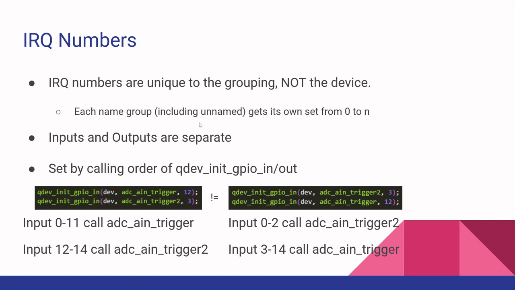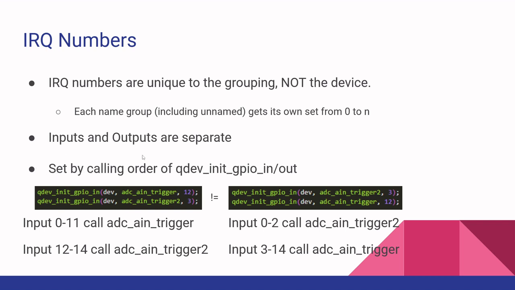And then you have another group, just unnamed, that'll have 4 pins, and it will have 0 to 3. So 0 to 3 exists in both the unnamed and that hypothetical pin 1 group, but they are different. Same thing with inputs and outputs. They are completely separate. So an input pin 0 is not going to be the same as an output pin 0.